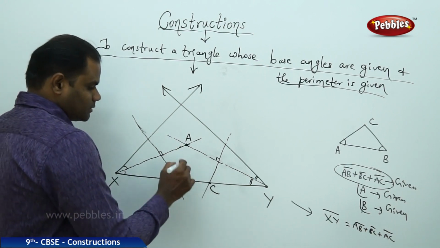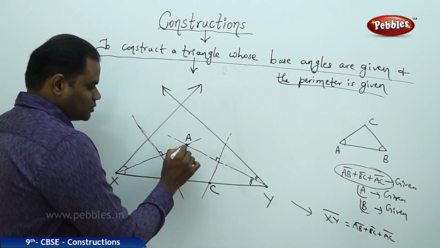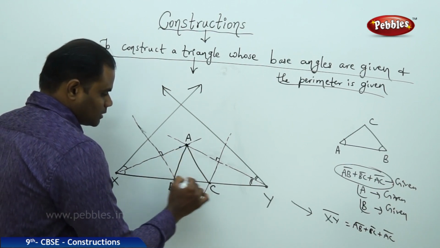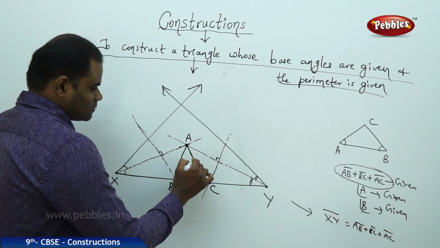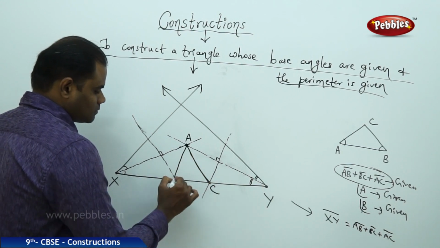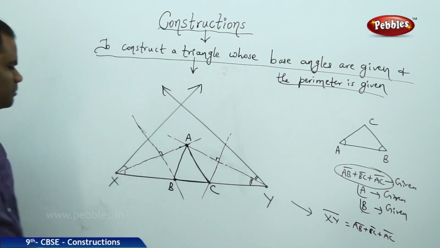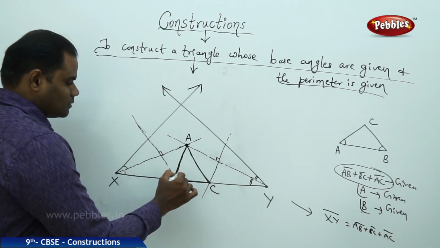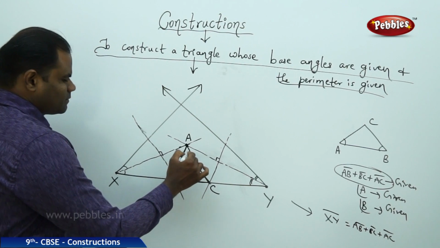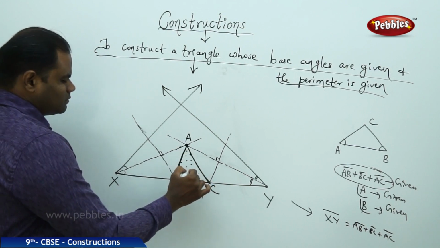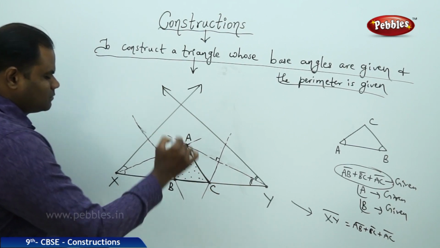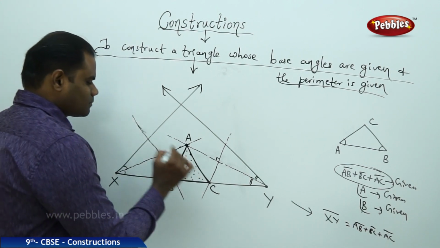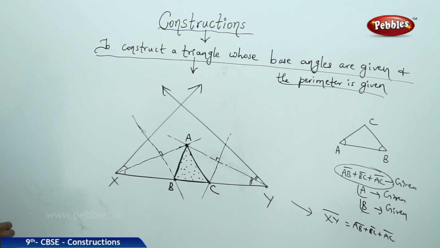So I get 3 points ABC which are joined. So I join AB and AC and I get ABC, which is a triangle. So ABC is the required triangle.